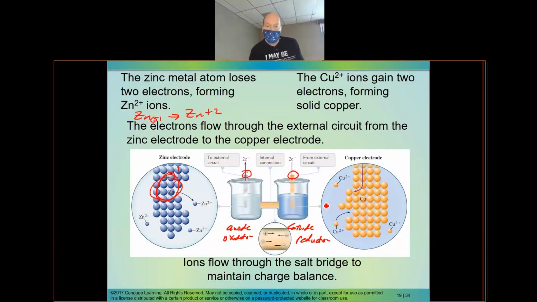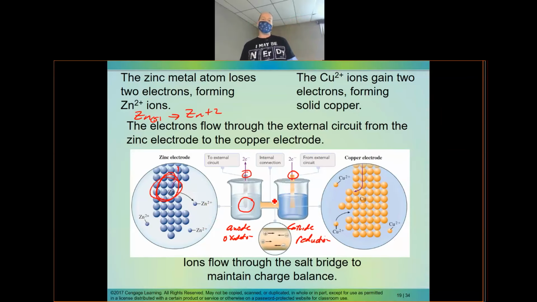You can't really tell in this picture, but this zinc is getting smaller. As this reaction goes, the zinc metal is going into solution, and so the actual mass of that metal is going down. That is taking a neutral zinc and converting it to a zinc plus 2.